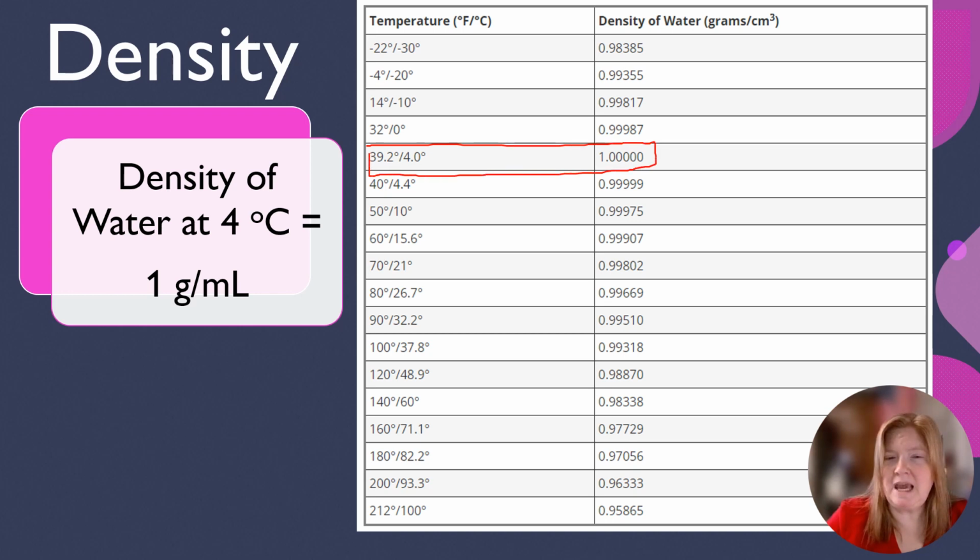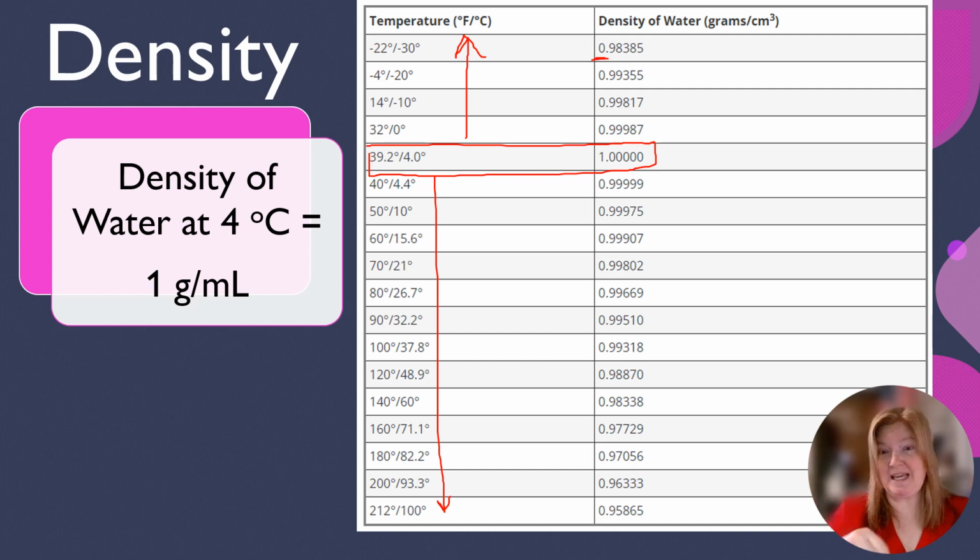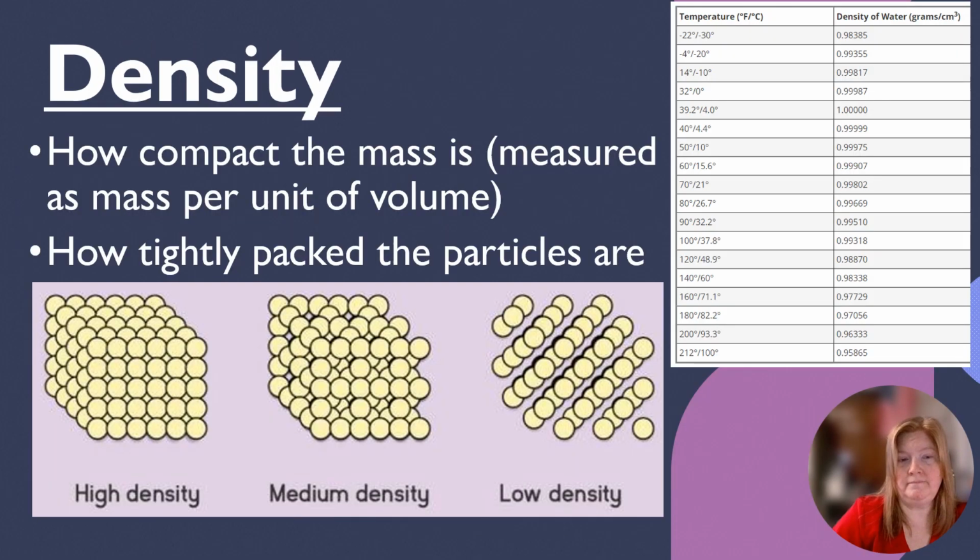You can see as we cool down water, its density changes, and as we warm up water, its density changes. So temperature has an effect on density. Now for water, this is very unique, okay? So density is how compact or how many particles are in a specific volume, how tightly the particles are packed.